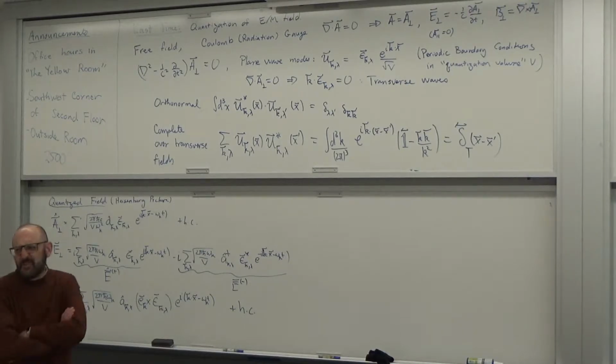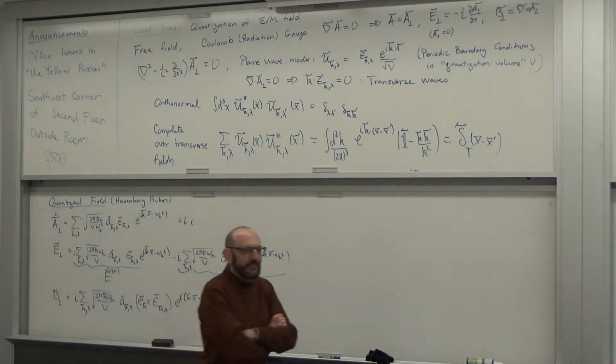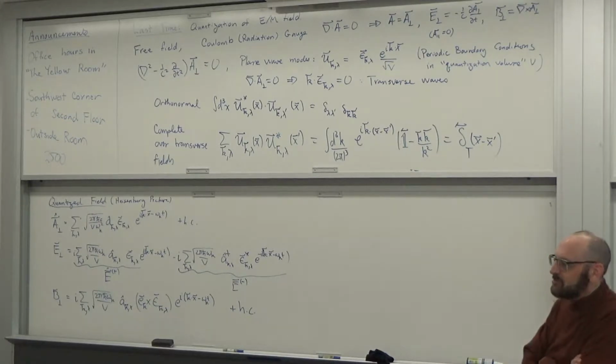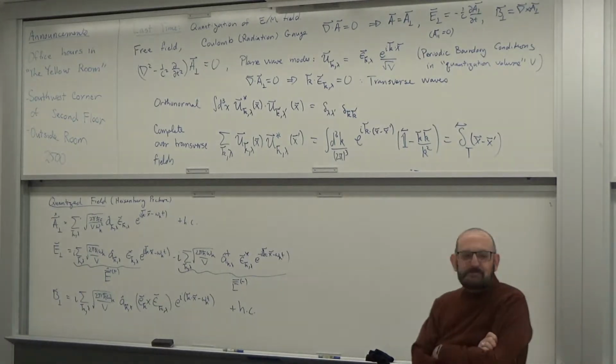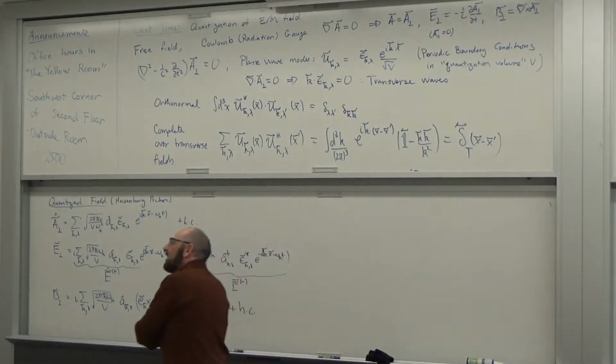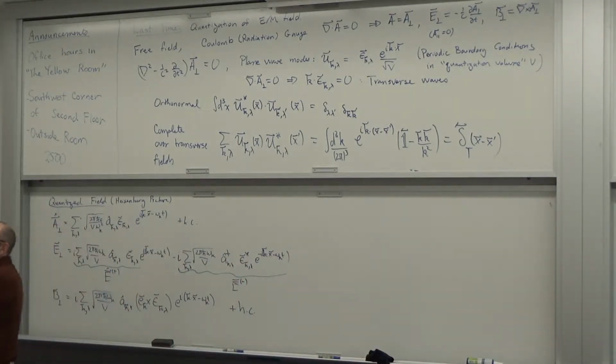You might ask, what if we don't really have a volume? This was a fictitious volume in the first place, a quantization volume that was there as a mathematical tool. How would we associate an electric field to a photon in that case?